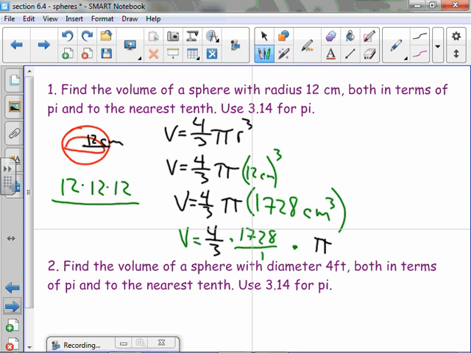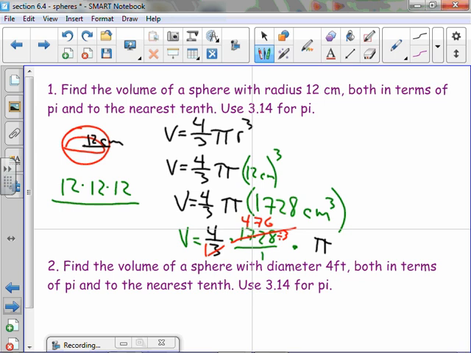So what I am going to do now is I'm going to see if 1728 can be divided by 3, and it can. Okay? I used a calculator for this because I don't know the factors of 1728 off the top of my head. But I know that 1728 divided by 3 gives me 476 using the calculator. And 3 divided by 3 just gives me a 1. So I can still simplify this.